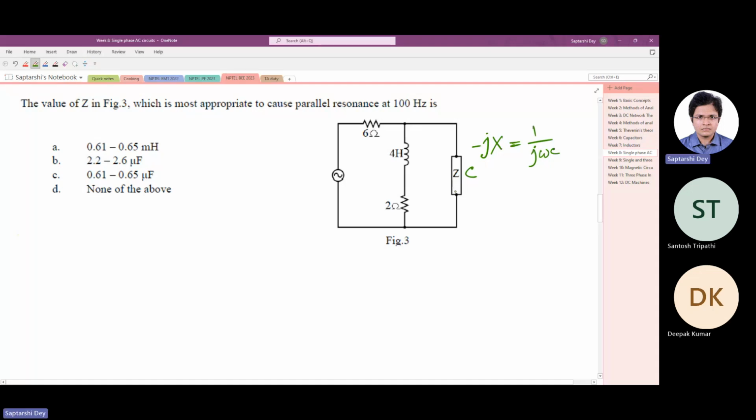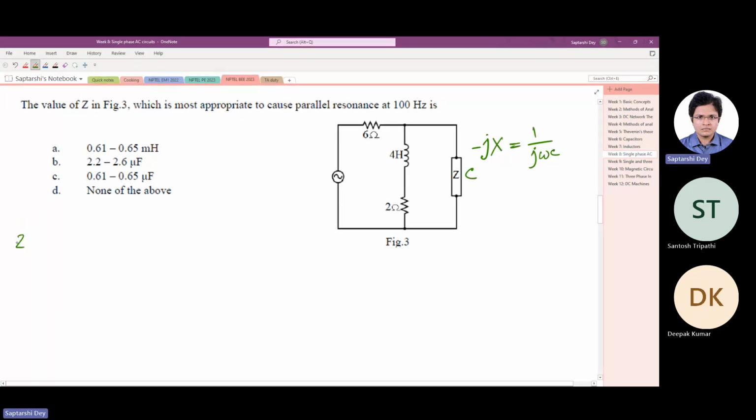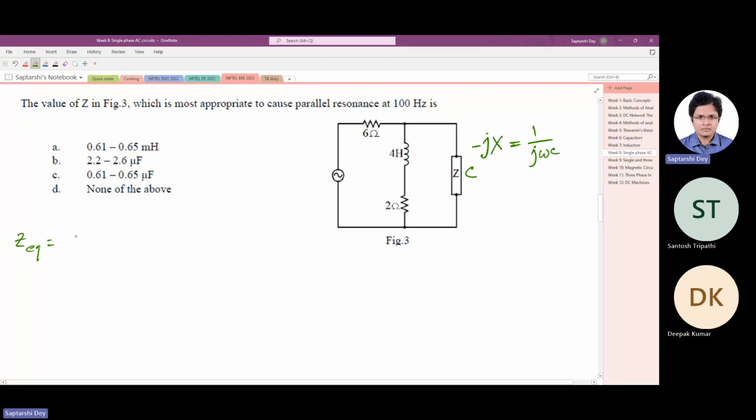Let us find the equivalent impedance of this circuit. So the equivalent impedance Z equivalent is 6 plus 2 plus, it's 4 Henry.